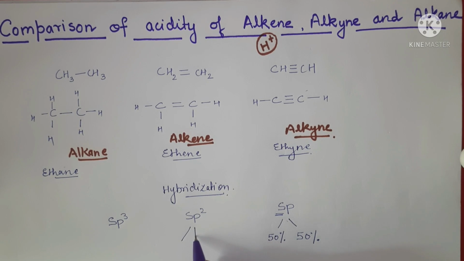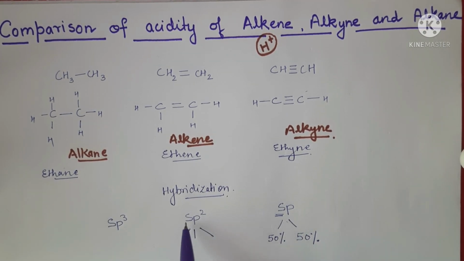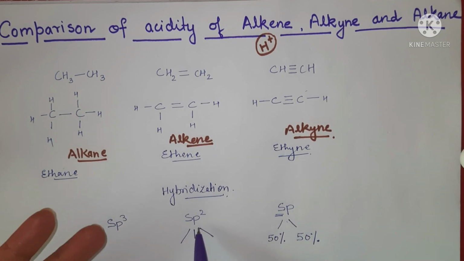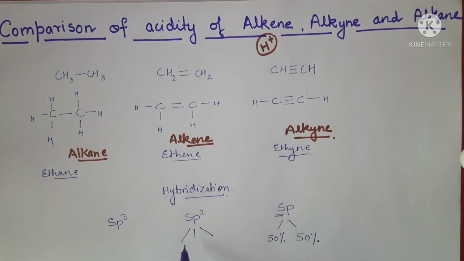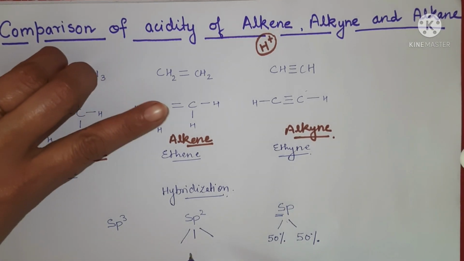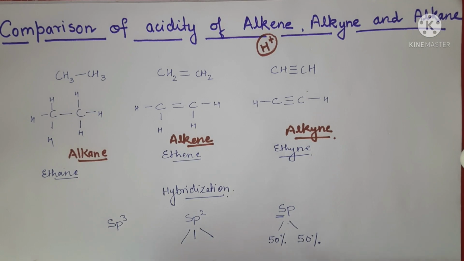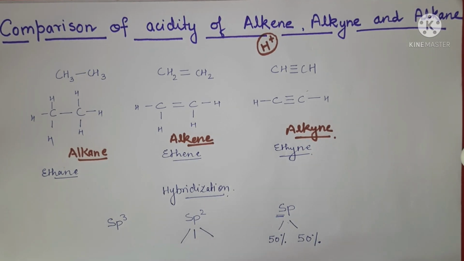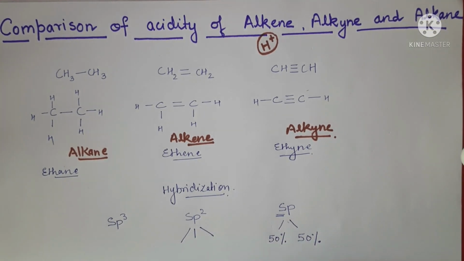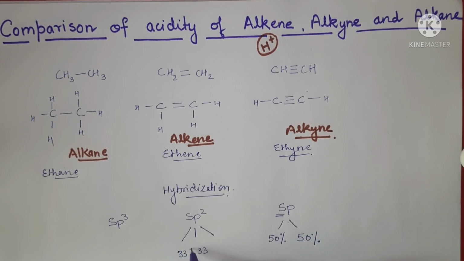Here, sp2 means one orbital of S and two orbitals of P, so three orbitals are involved in the formation of the alkene molecule. If we divide 100% into 3, there will be approximately 33%, 33% and 33%.